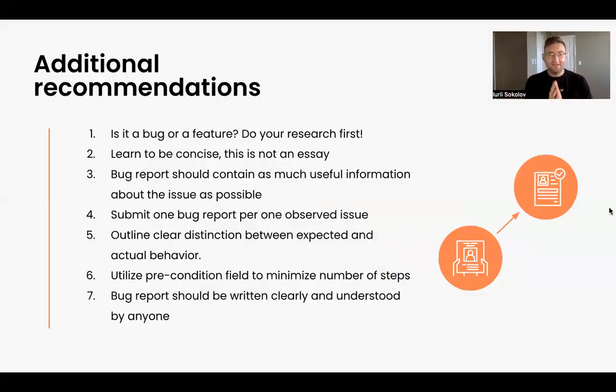So, a few things that you need to understand. Additional recommendations that will help you to write great bug reports. So first, is it a bug or a feature? Do your research first.